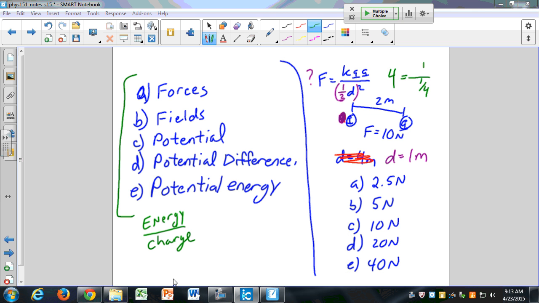Which of these, A through E, is measured in units of newtons per coulomb? Don't think about the units, right? Think about what these units are measuring. A newton is a unit of what? Force, right? And a coulomb is a unit of what? So I'm asking you now, which of these is measuring force per unit charge?